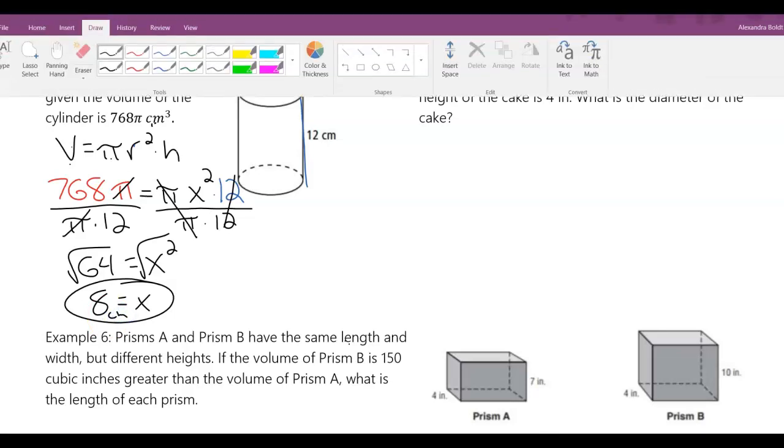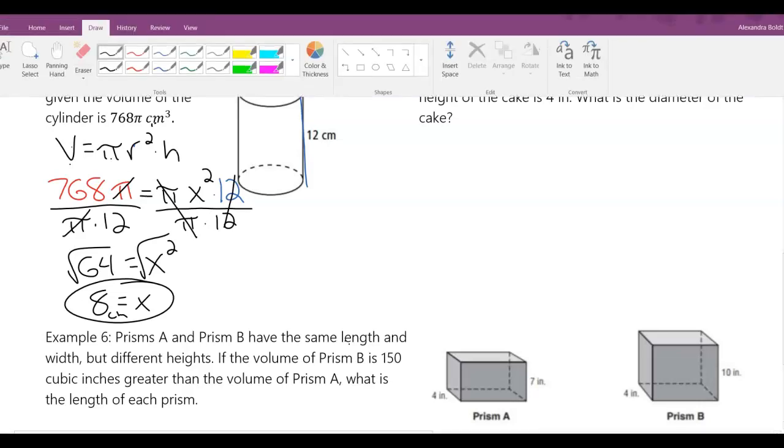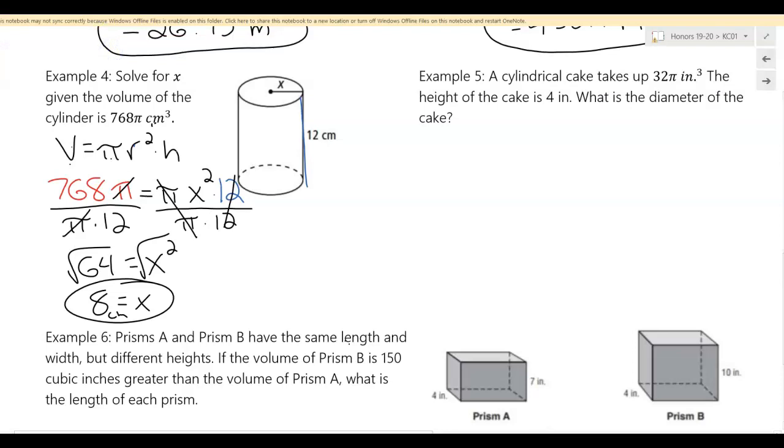All right, we're going to look at this last one. Example 6 will be on an extra video. So a cylindrical cake takes up 32 pi inches cubed. The height of the cake is 4. What is the diameter of the cake? So here's my cake. And the height is 4. So we're going to do this problem the same way.